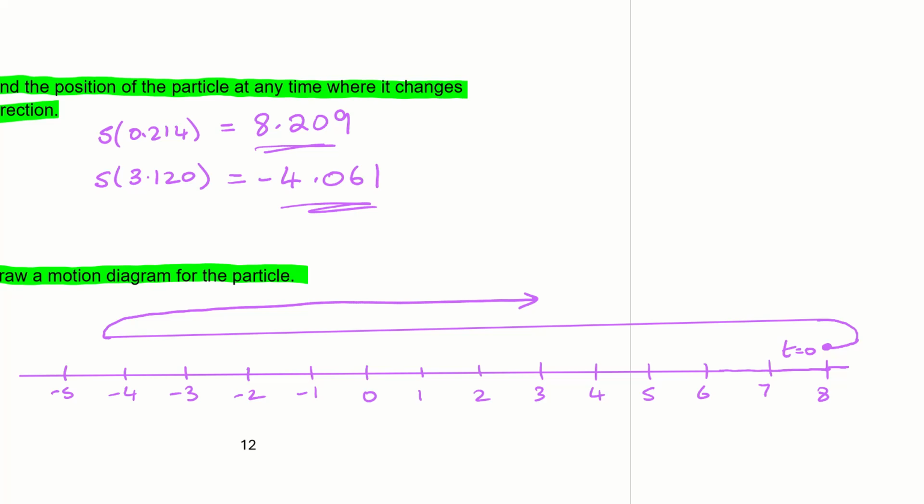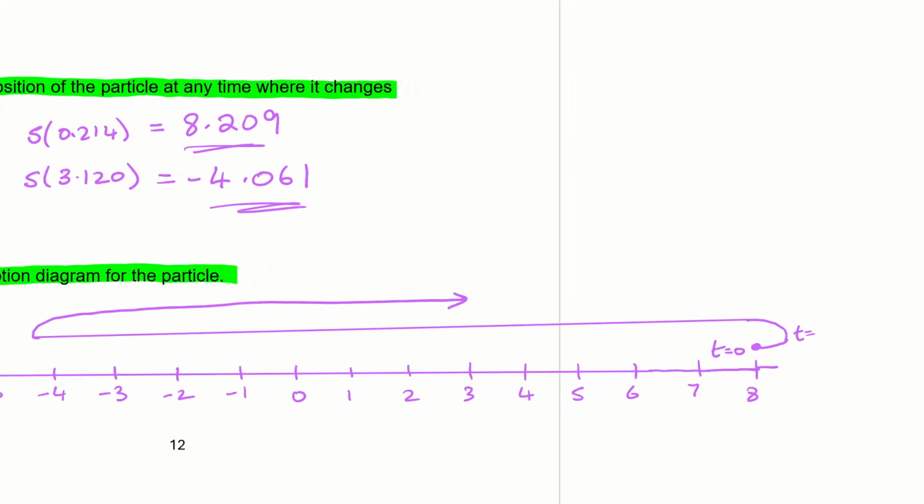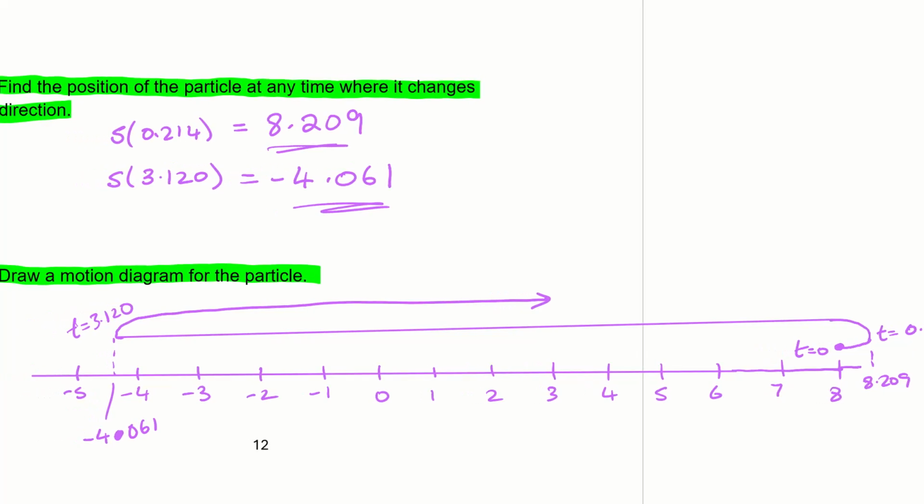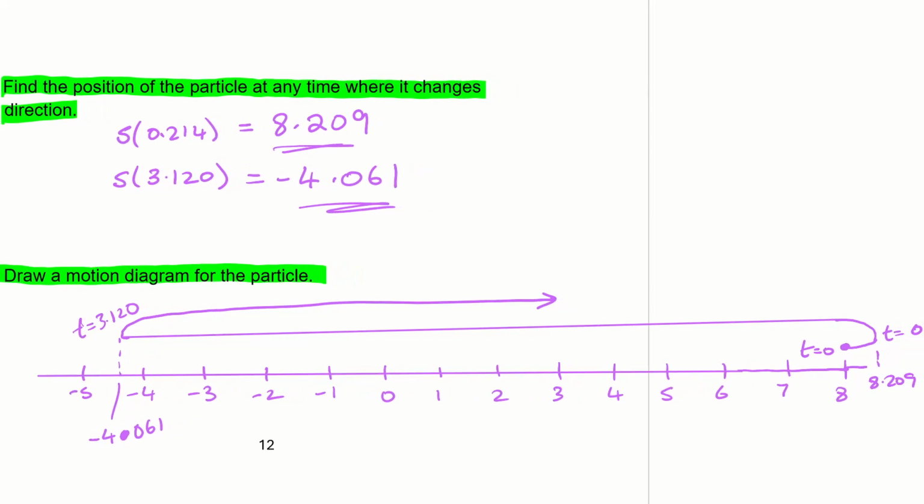So we can say that this is at t equals 0.214, and we know that that distance was 8.209, and I've gone a bit too far with that one. I might adjust my number line. So negative 4.061, that happens at t equals 3.120, and then the particle turns and keeps going back. So that is our motion diagram.